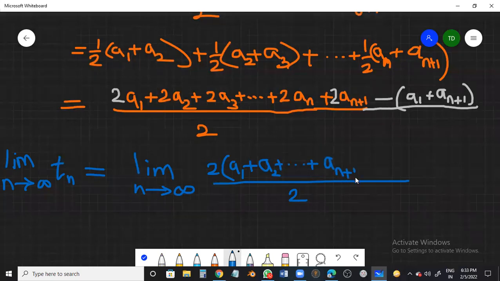Do you agree? And minus I have this term, a1 plus an plus 1.